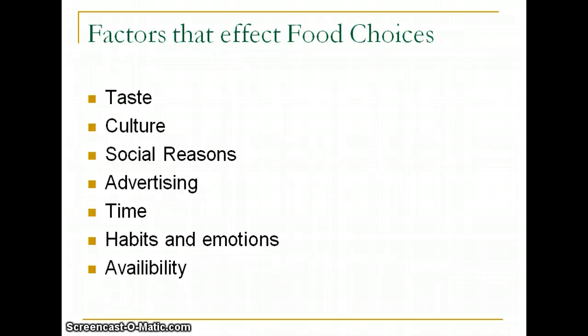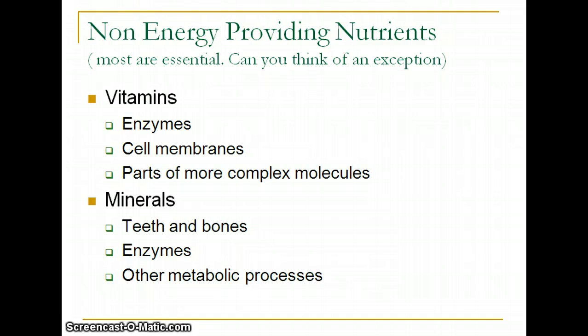We're influenced by advertising, how much time we have, our habits, our emotions, how available food is to us, whether it's because of money or whether it's because of time. Some people, their habits are grossly influenced by how much money they have to spend on food, while other people don't really have to worry about the money that they spend on food.